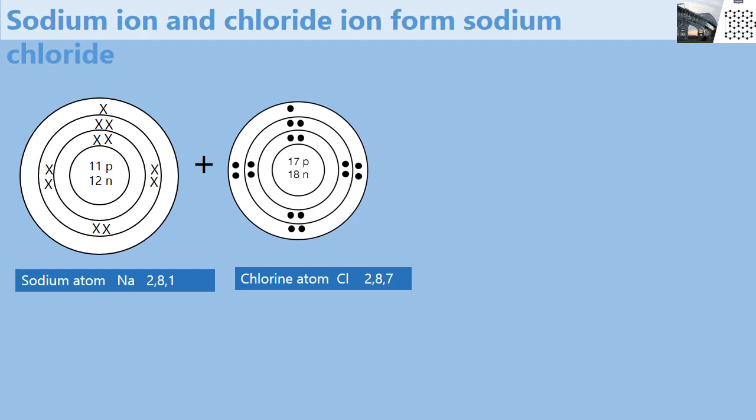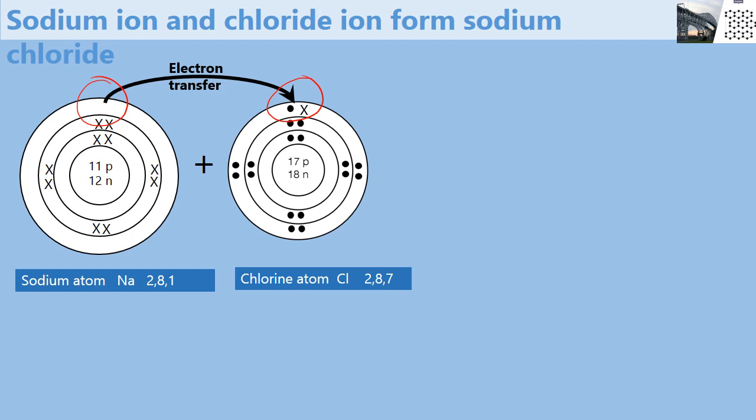So when you have sodium atom, it loses 1 electron through electron transfer, whereby I want you to focus your attention on this location here and this location here. The electron now transfers, it moves to chlorine.